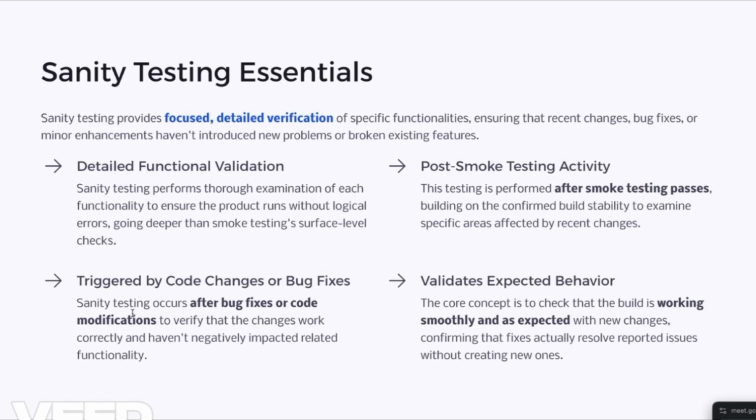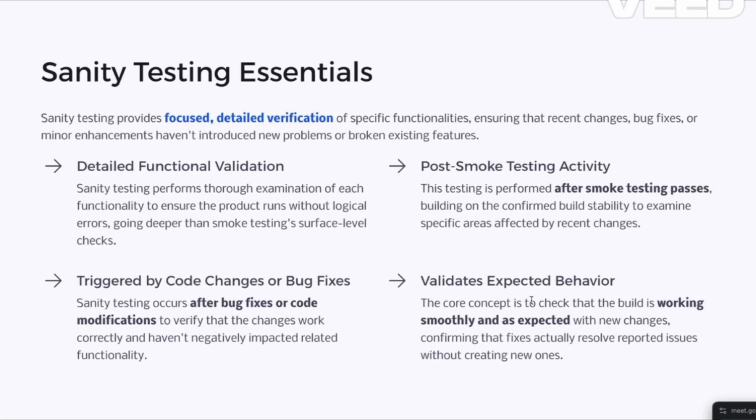Okay, triggering by code changes or bug fixes. Sanity testing occurs after bug fixes and code modifications to ensure that the changes work correctly and haven't negatively impacted the related functionality. It validates expected behavior: the expected output is equal to the actual output.